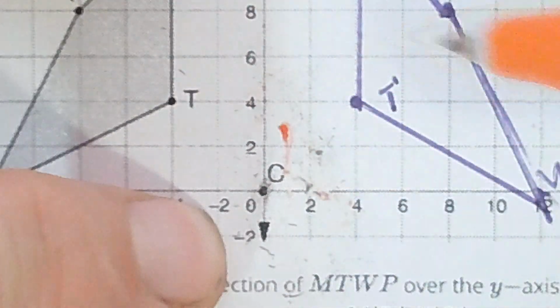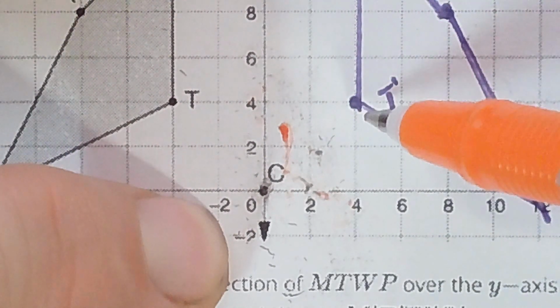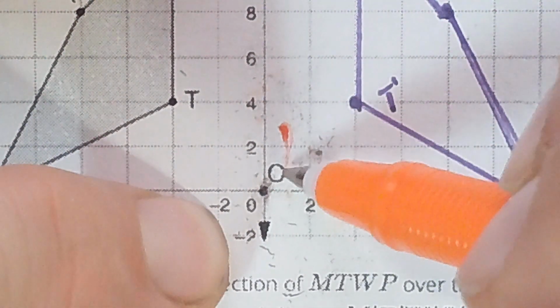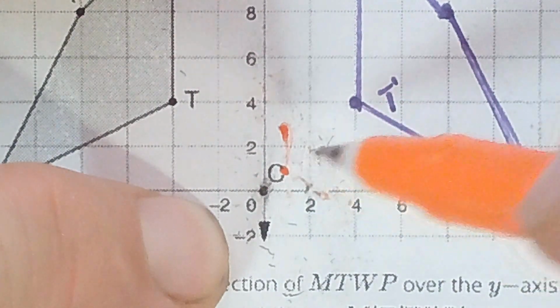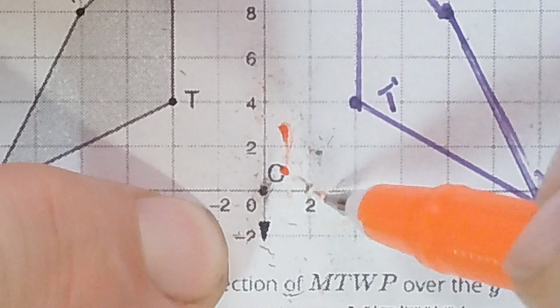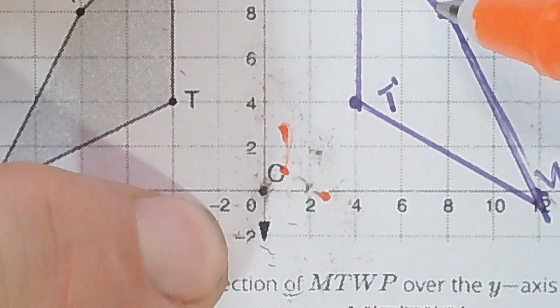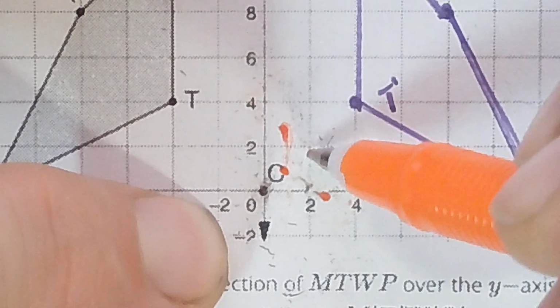Let's smudged it. Alright, then we have 4 and 4. 1/4 of that is 1 and 1. It's going to be along the line. That's 12. That's going to be 3 and 0. And then this will be 8 and 8. That'll be 2 and 2.